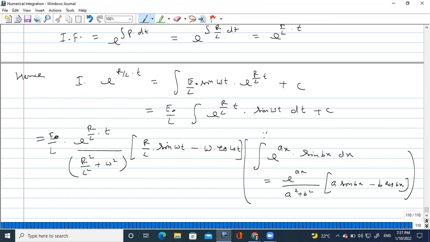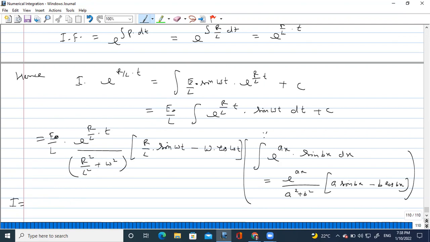Now you can simplify it. So I into this much. What you can do, e to the power R by L into t, this side also, so it can be cancelled. So I will become equal to E naught by L into, or simply you can say, this L square, you can take LCM here.